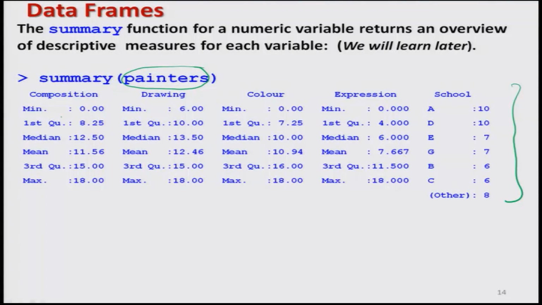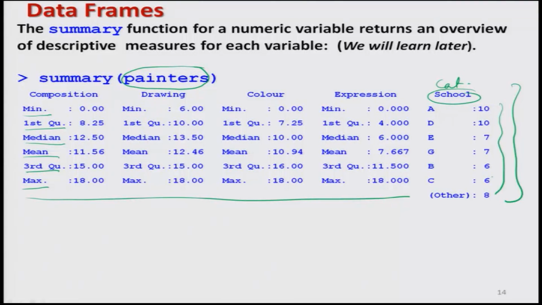For the quantitative variables it gives us the minimum value, first quartile, median, mean, third quartile, maximum value, and so on. And this is true for all the quantitative variables, and for the categorical variable school, it gives us the frequency. And this is the frequency of the two categories F and H, which are 4 and 4, that you can see yourself in the data set.